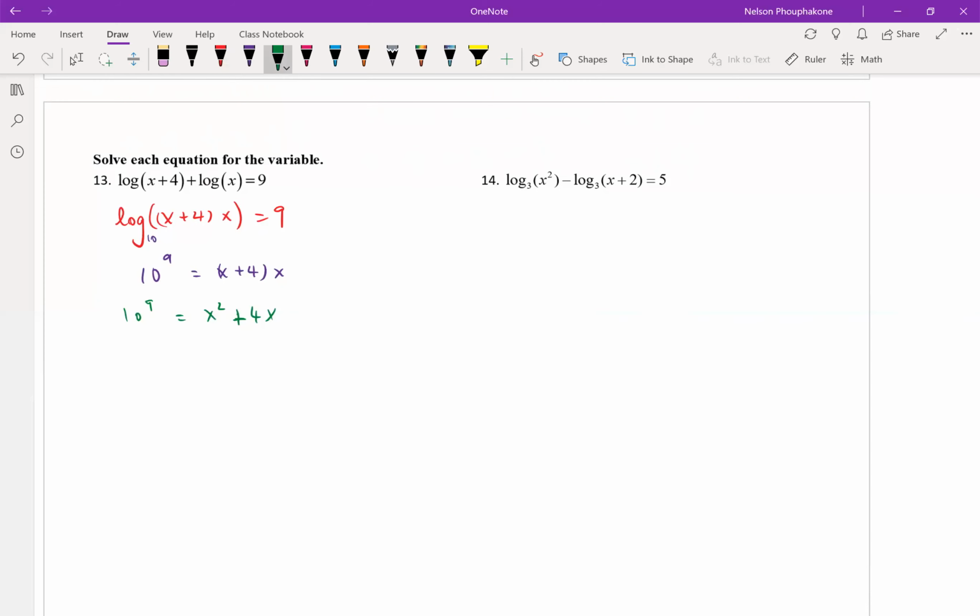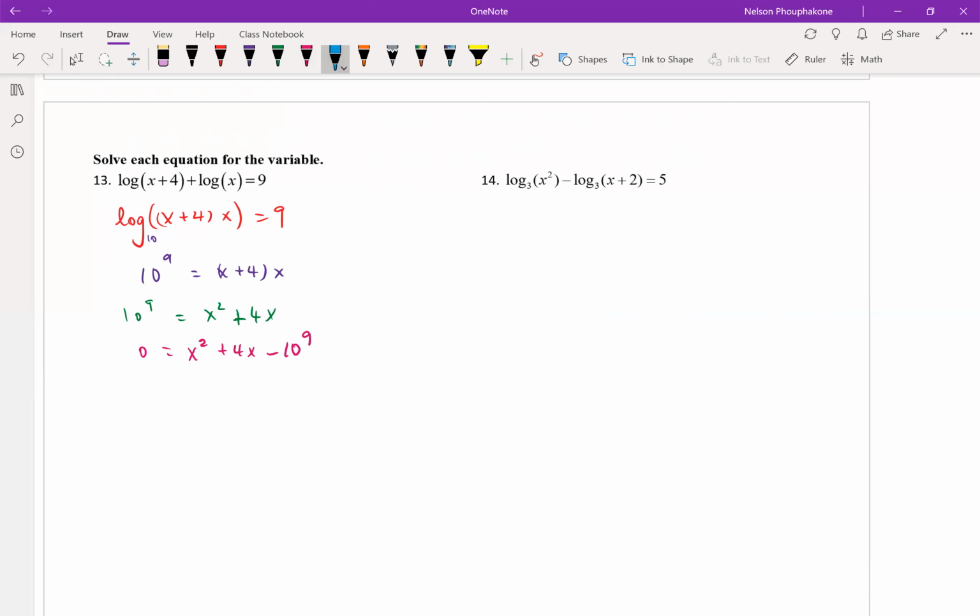And now, you see that we have a quadratic equation. Then I am going to move everything to one side of the equation. And now we are going to solve for x.